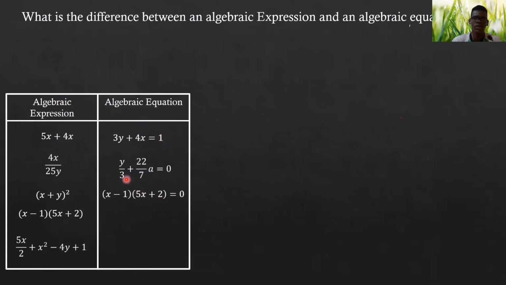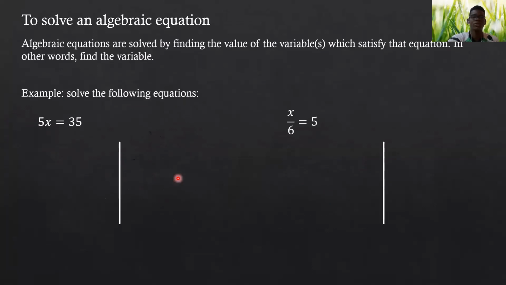Once you have that equal sign, equal to some value, or even equal to another expression, it's an algebraic equation, which means there's a good chance that you can solve it. And again, solve just means you can find a value for the unknown.